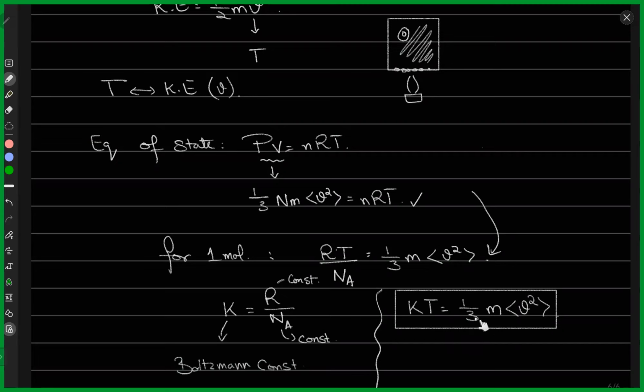We already have 1 by 3 m and v squared here. If instead of 1 by 3, I had 1 by 2 m v squared, it would be exactly like the kinetic energy for translational motion. I don't have more space on this page, so I'll go to the next page and take this equation with me.